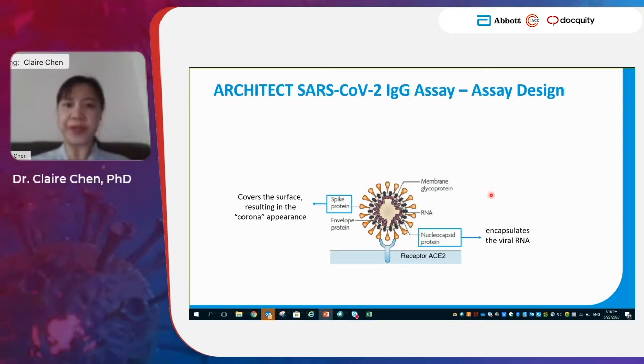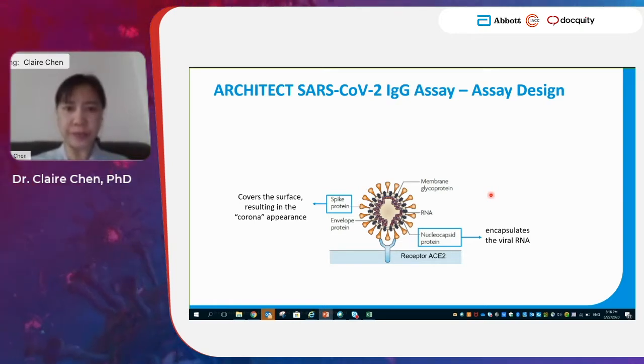I'm sure you are quite familiar with the structure of the SARS-CoV-2 virus. There are four structural proteins of the virus. The spike protein on the surface looks like a spike, and it gives the virus the appearance of a crown.